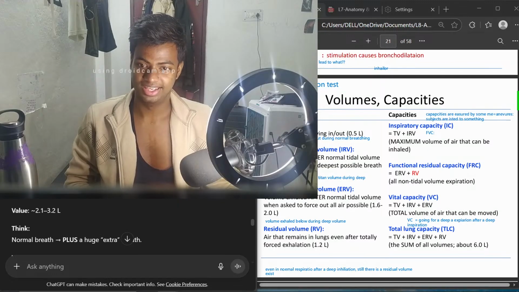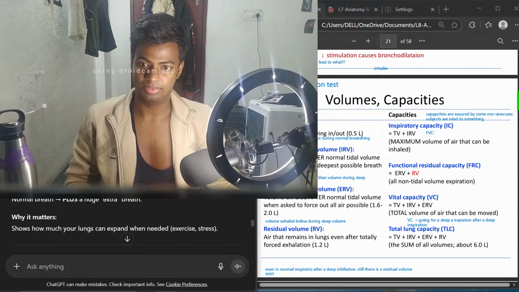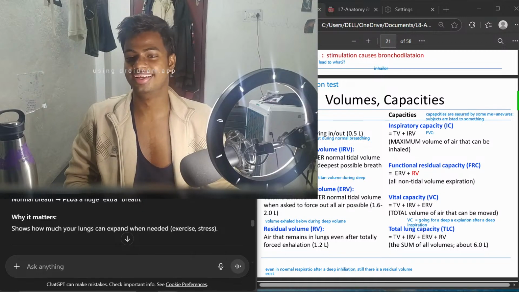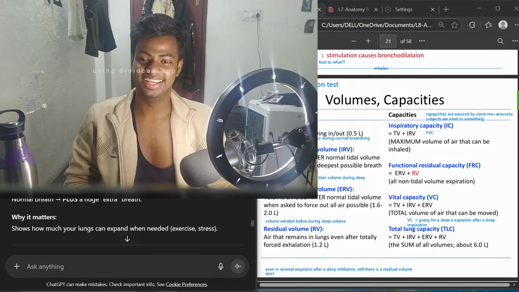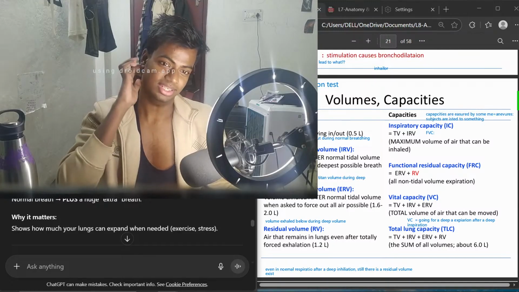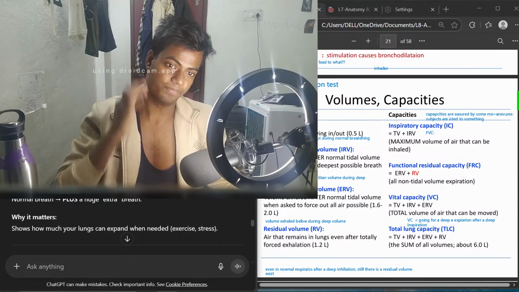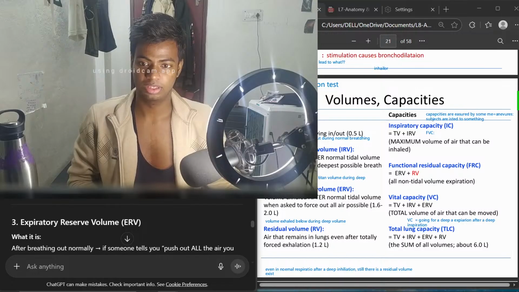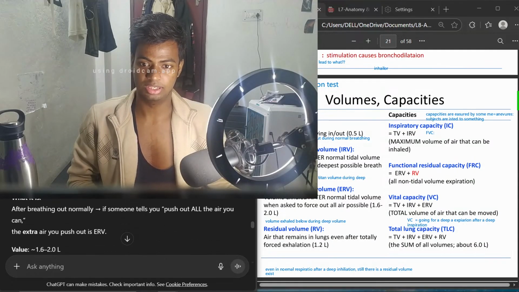Inspiratory reserve volume: after taking a normal breath in, if someone tells you to take the deepest breath possible, the extra air you inhale is the IRV. It shows how much the lungs can expand when needed.